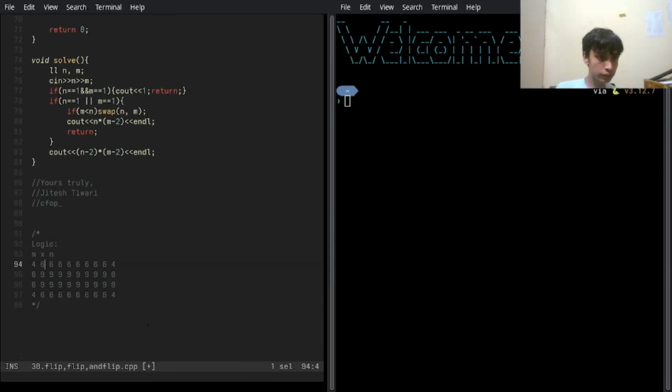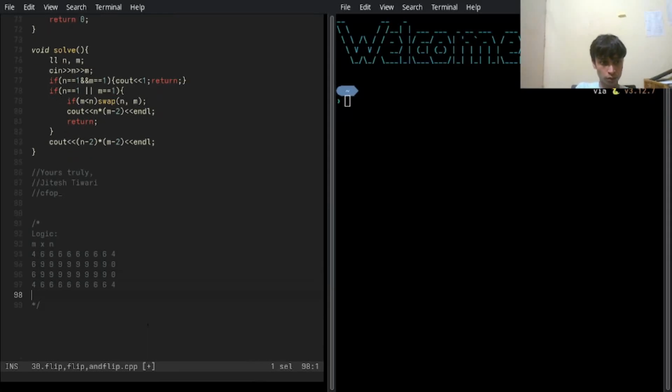Okay, so it was the normal case. So the answer for the normal case would be n minus 2 times m minus 2, as we have to calculate the area of the inner square.